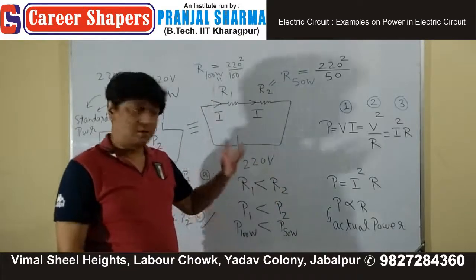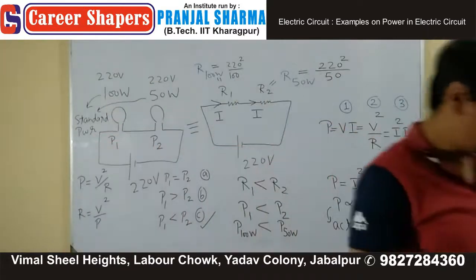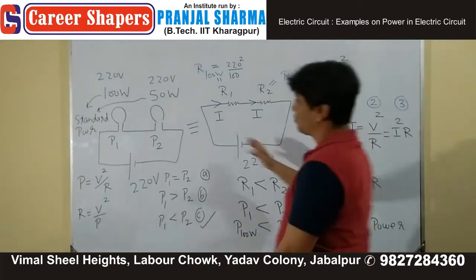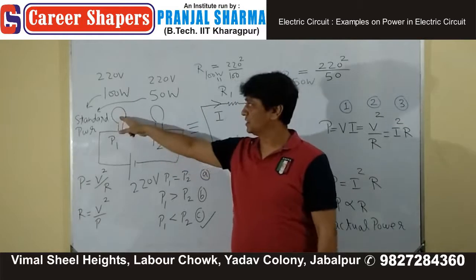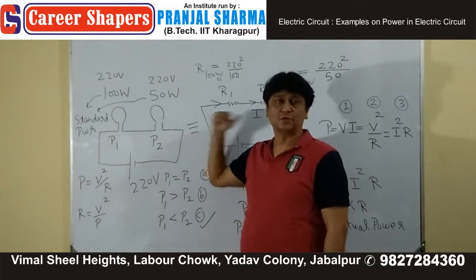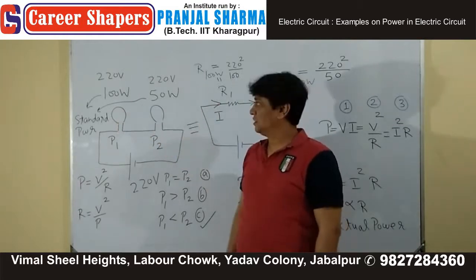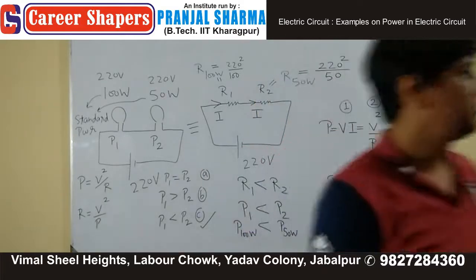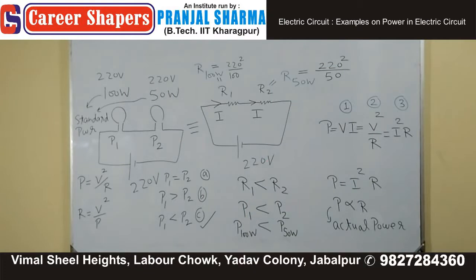But when you connect this to your household circuit, you always see more brightness coming from this than from this. So what is the reason behind this? Can you answer it? If you can, write it in the comment box.